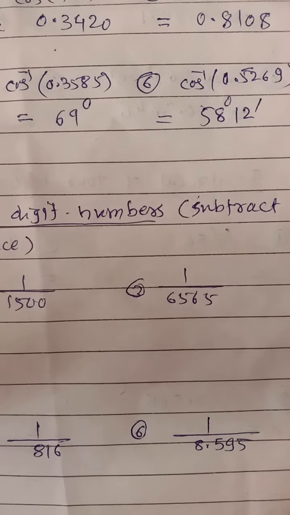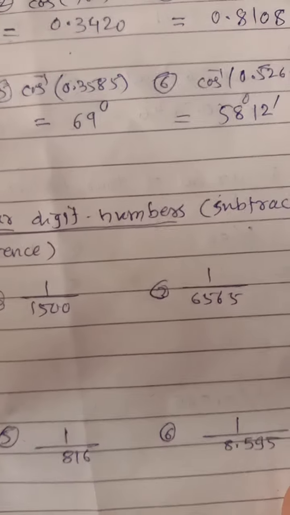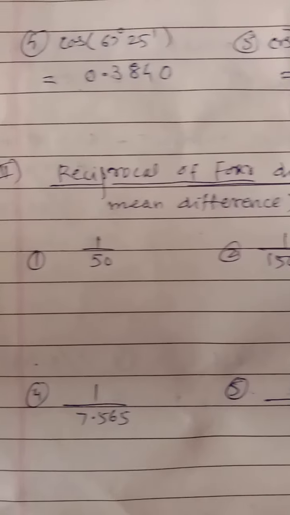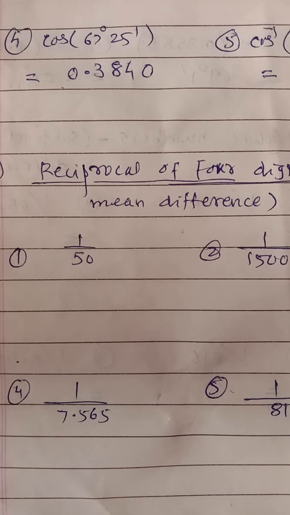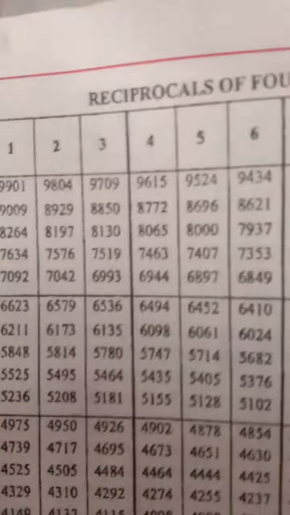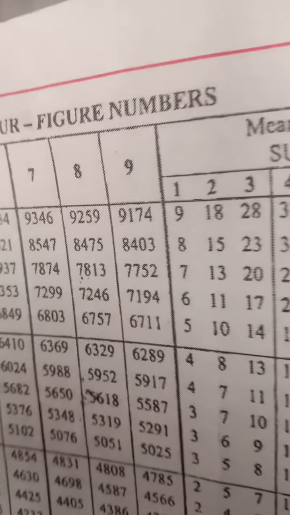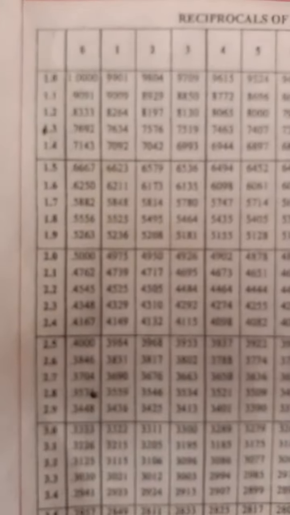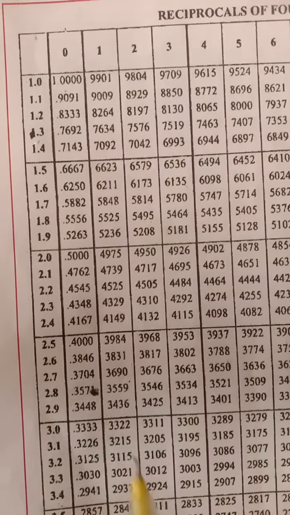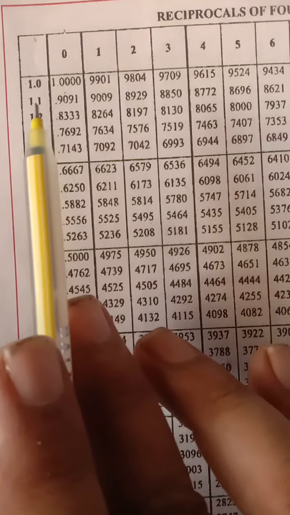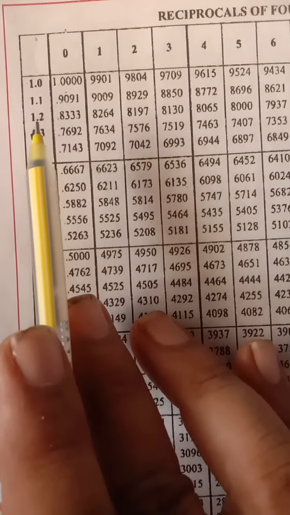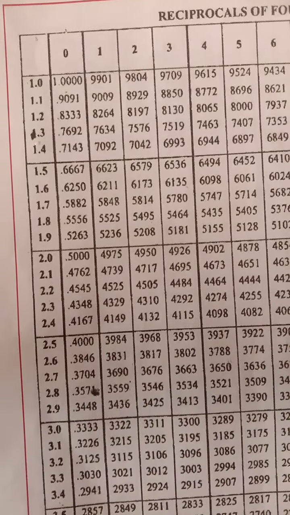Reciprocal of 4-digit numbers. Again, in this case, we will have to subtract the mean difference. So if you consider the reciprocals of 4-digit numbers, then the reciprocal table for 4 figure numbers will be provided to us. In the very first column, it will be 1.0 to 9.9.